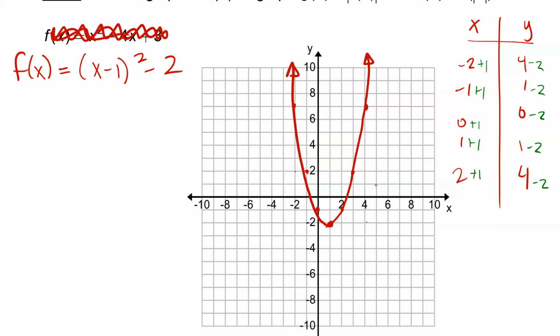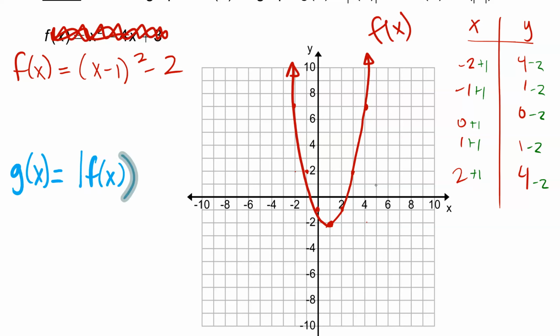Okay, so this was my f of x. I want to draw my g of x. g of x is just going to be the absolute value of f of x. So what do I have to do? What do I copy over? What's the same and what's different?